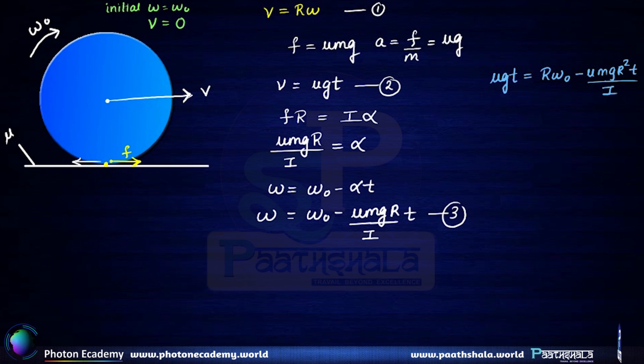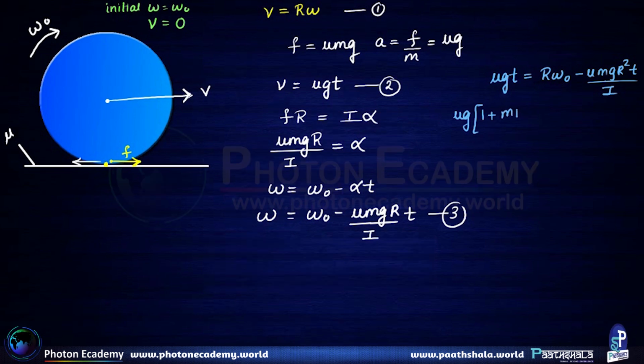Now if I isolate the terms having t, then I'll get mu g into bracket 1 plus mr square over I, equal to r omega naught.